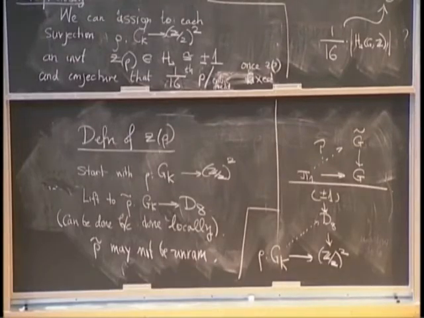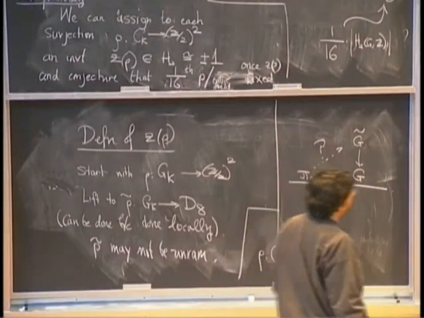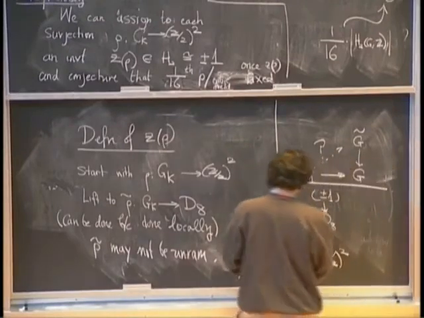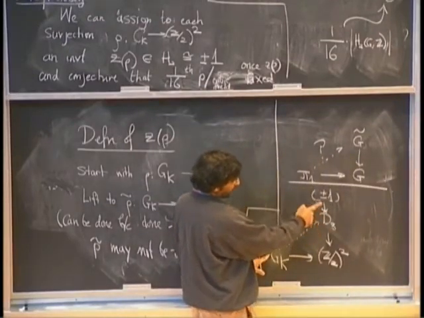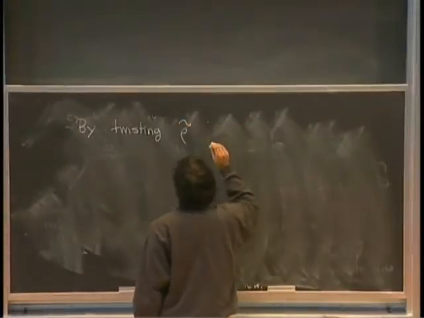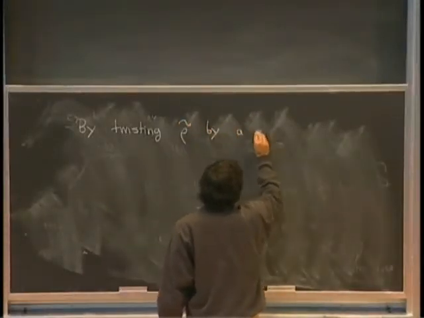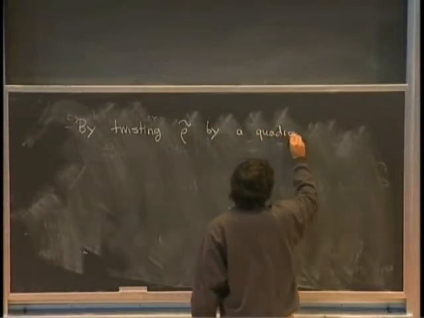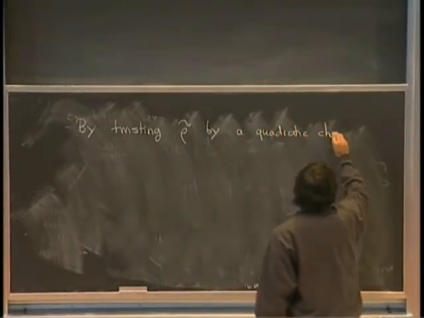Okay. All right. So now, how much ambiguity is there? If you lift this, you can twist it. By twisting rho tilde by a quadratic character, you can make it very nice.